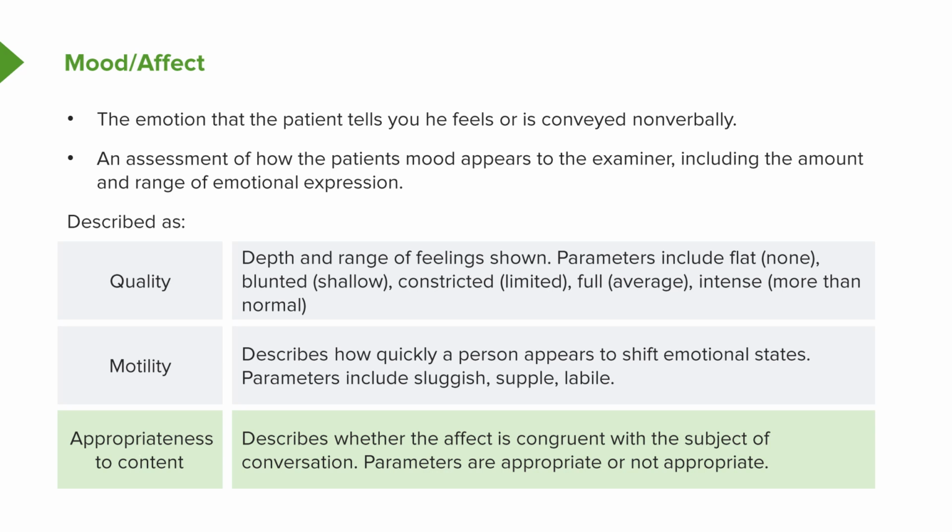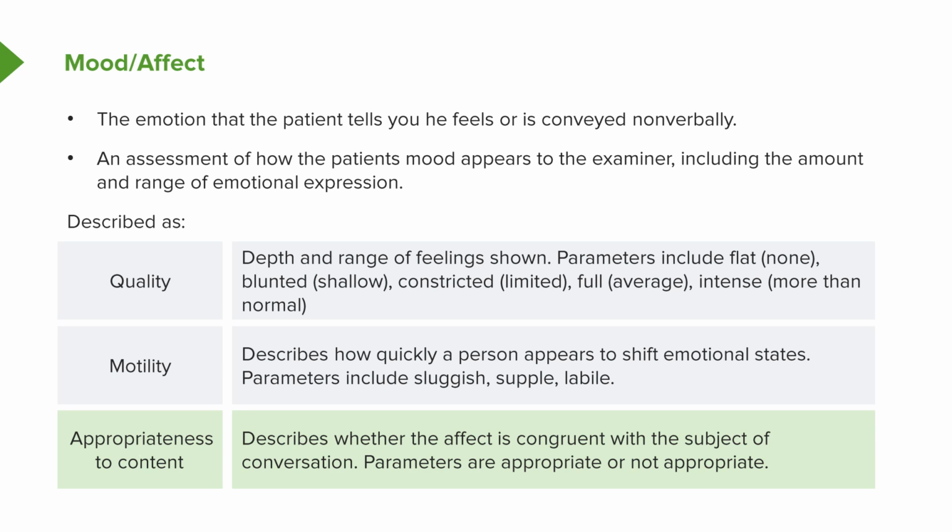On the other hand, the affect is really the assessment of how the mood appears to be coming out on the exam. You want to know the kind of range and emotional expression that you see your patient is having.